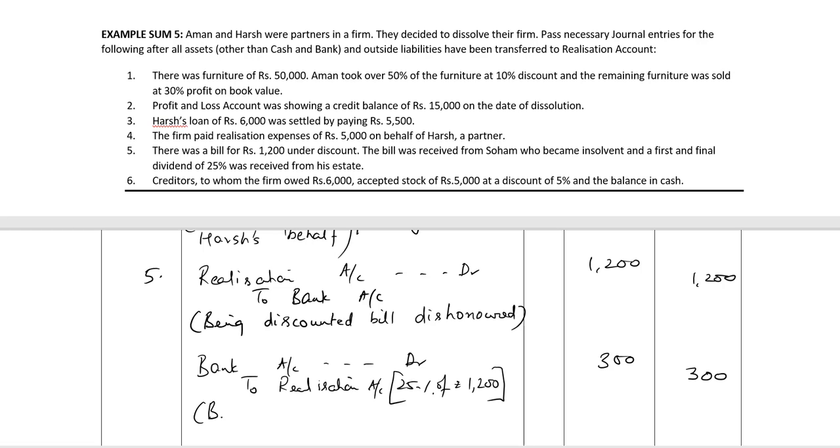Being first and final dividend of 25% received from Soham's estate.